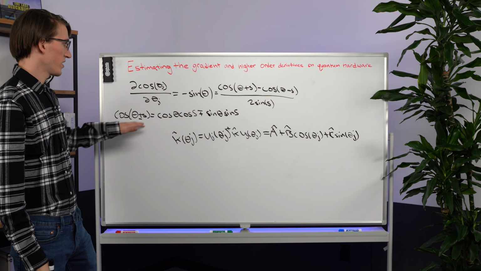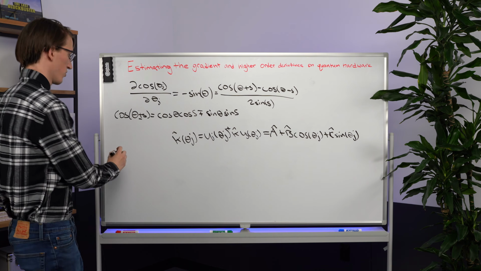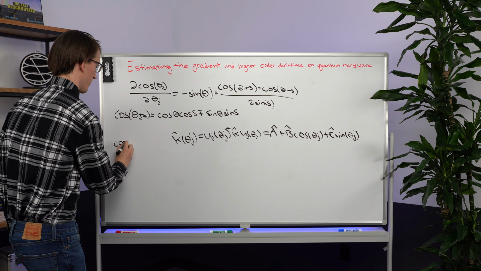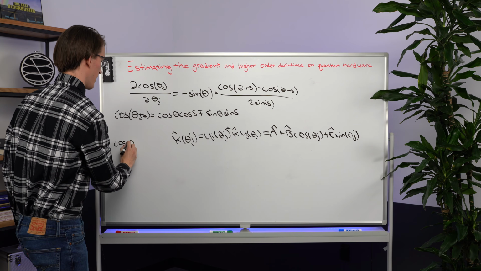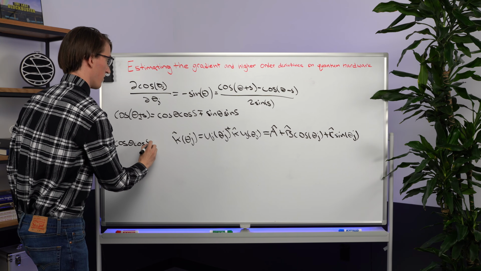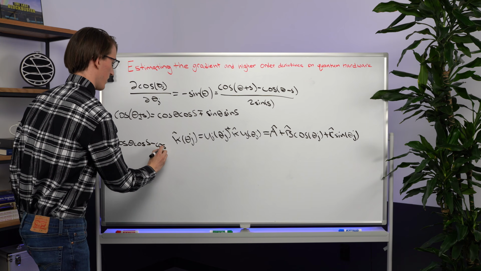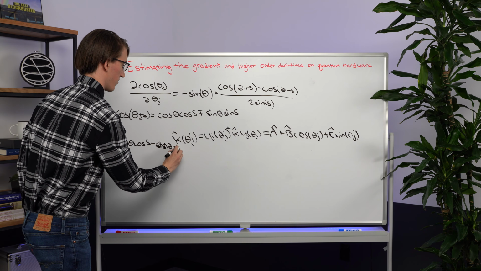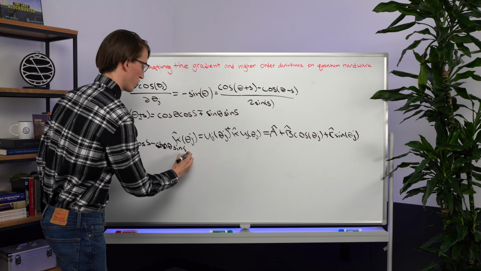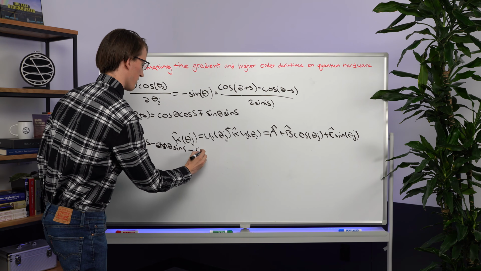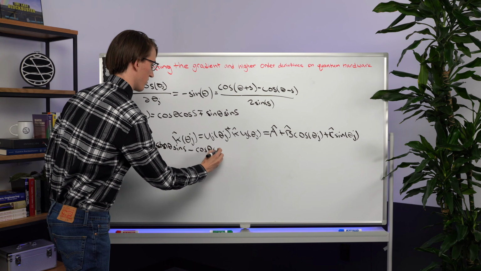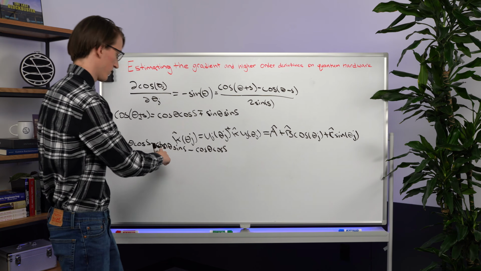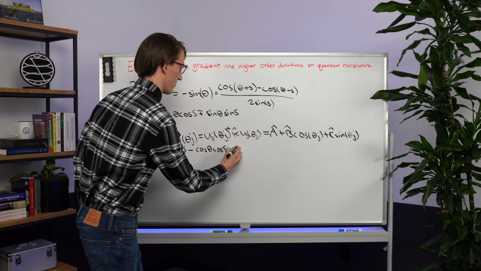So now if we plug this in over here, for the first term we have cosine of theta cosine of s minus sine of theta sine of s. For the second, we subtract cosine of theta cosine of s and sine of theta sine of s.